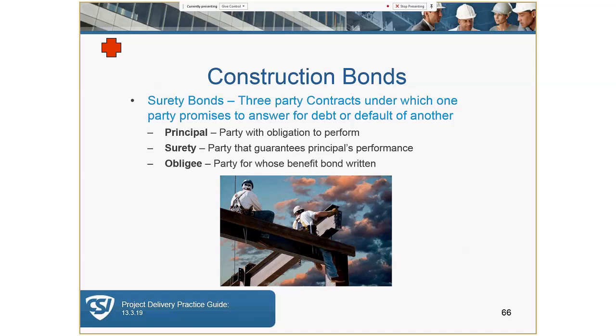So if you're going to be taking that CDT test, make sure you understand these terms and that the principal is actually the contractor. Principal is not referring to a form of payment or the basis of a payment. The obligee is the owner for whose benefit the bond is written. And this can be a little confusing since the term obligee implies that one's obligated to pay for the bond. So just make sure you have a good grasp of these terms.